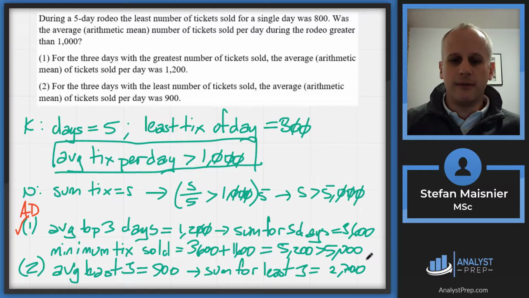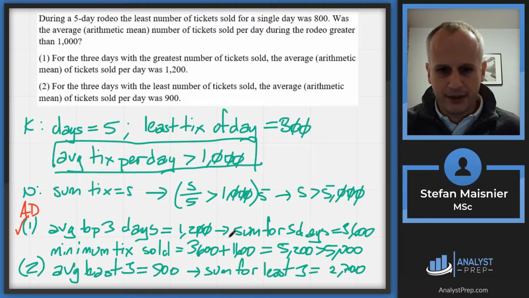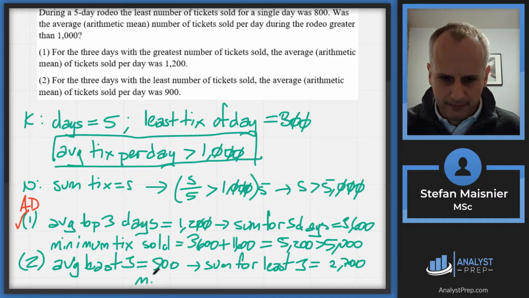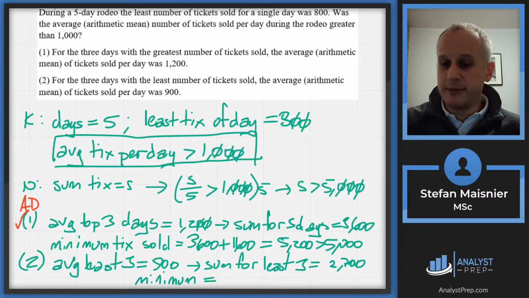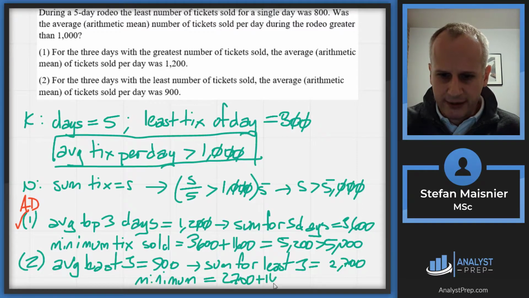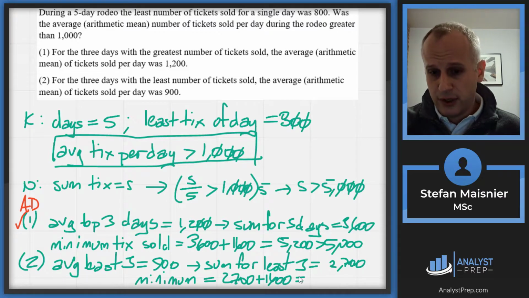But now we've got a different minimum, because our minimum here is going to be equal to 2,700 plus, again, that 800 plus 800. So 2,700 plus 1,600, which is only equal to 4,300.